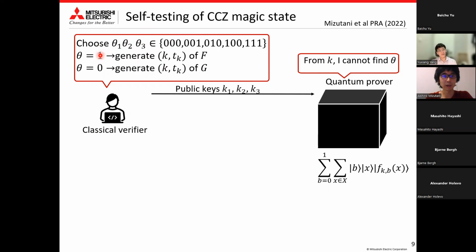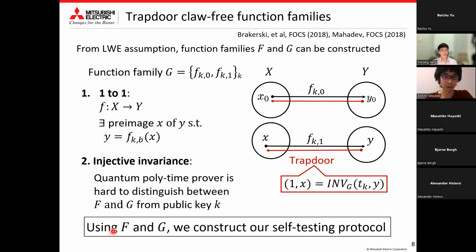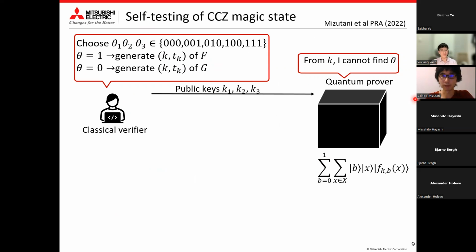If theta is 1, then the verifier generates the public key and trapdoor from function family F. If theta is 0, then he generates this information from function family G. Again, the trapdoor is secret information possessed by the verifier and kept secret from the prover, and only the public key is sent to the prover via the classical channel. As I said, due to the injective invariance property, the prover cannot find which family the verifier chooses.